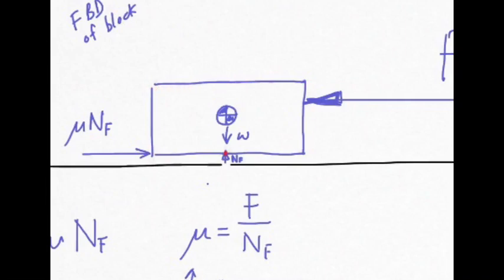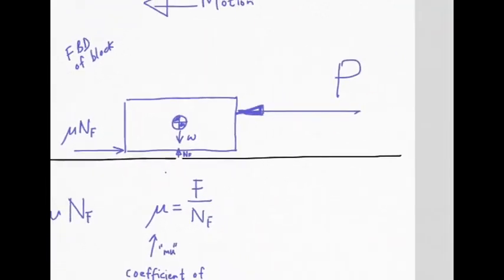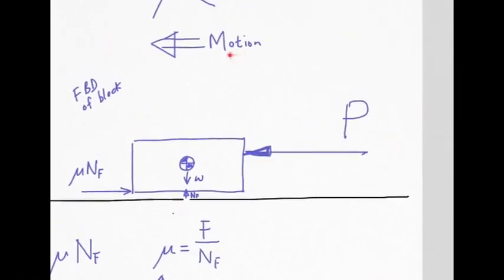The block feels the upward arrow from the normal force. It itself experiences weight, gravitational pull of the earth, which is experienced as a downward pull. And then we're applying a force in this example from right to left. So motion is going to occur from right to left.